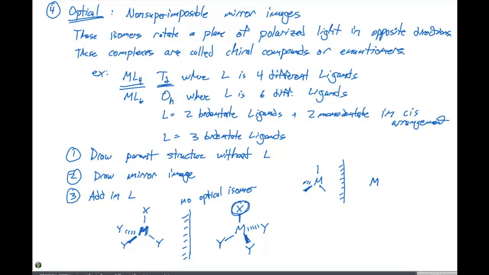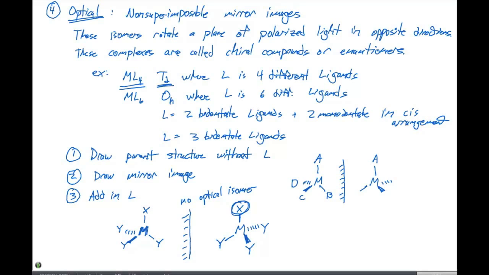I have the mirror image here where this bond comes in here like this. This goes like this. I have a bond coming out and one going back into the board. Again, we first draw our parent structure, then we put the ligands around it. So let's just say I have ligands A, B, C, and D. Now I have to draw the mirror of what that would look like.